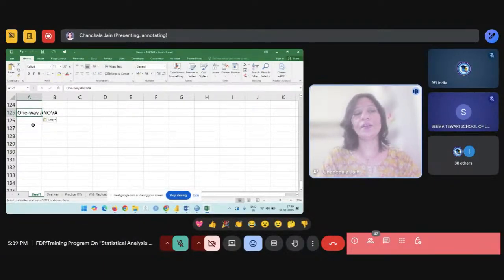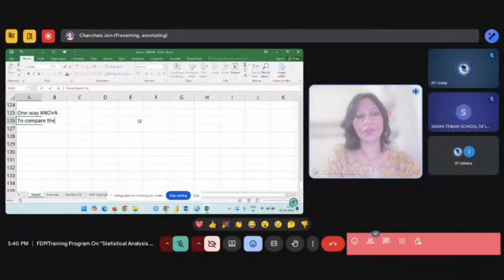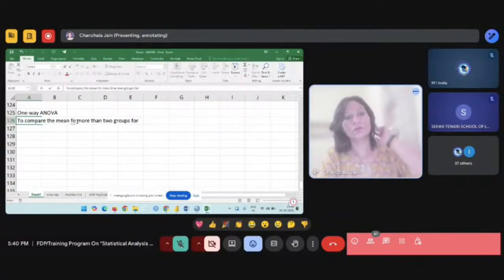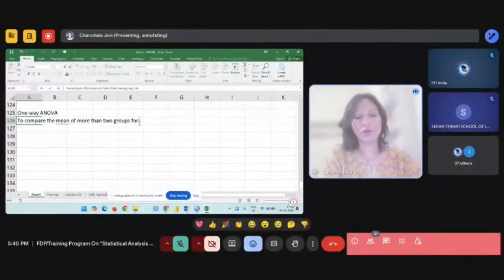When I say one-way ANOVA, it is helping us to compare the mean of more than two groups for any variable, that is, any numeric variable.